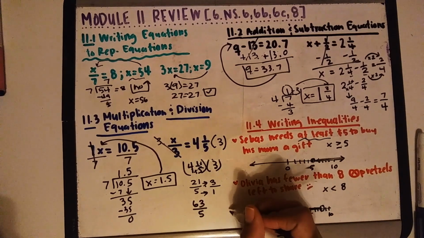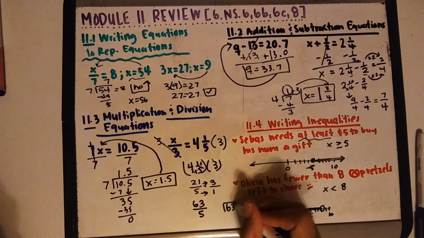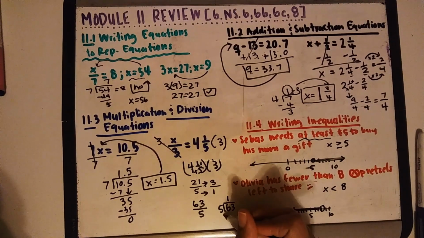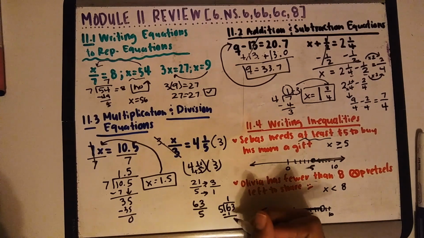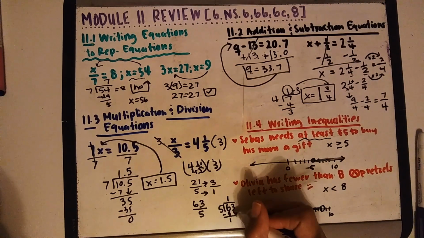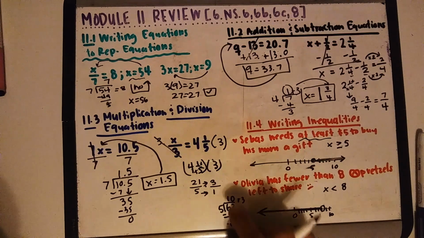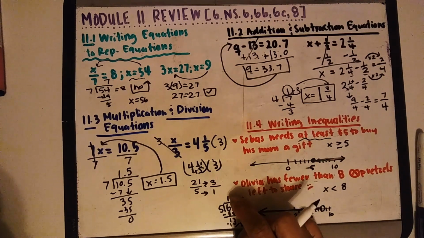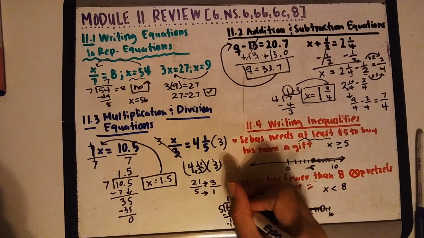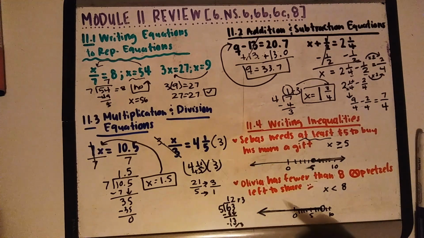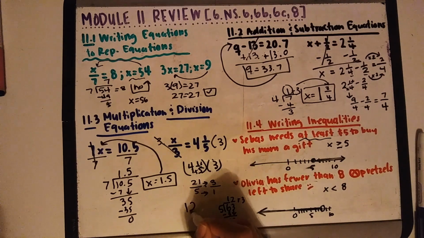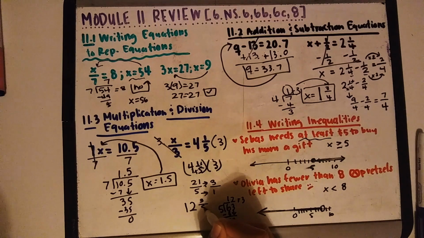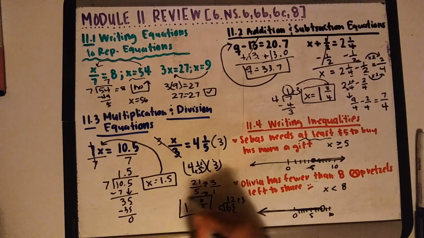So then I have to simplify, so 63 divided by 5. That's 1 time. I'm tempted to do it my way to save time, but okay, never mind. Oopsies, this is 2, sorry. So then I have 12 and 3/5, and that's my x.